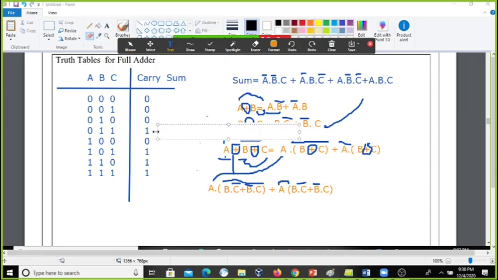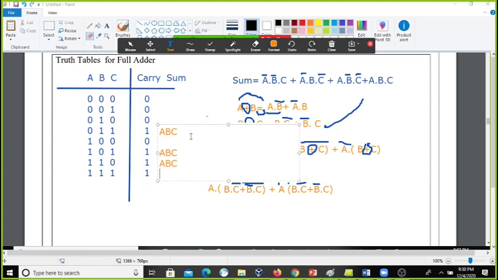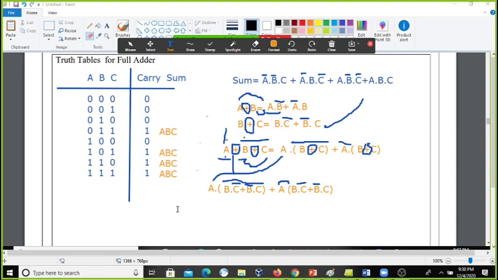So in that case you get here ABC and ABC and ABC and ABC. This is what you get. So here, now this is 0, therefore you have to have the bar, and this is 0, therefore you have to have the bar, and this is 0, you have to have the bar.